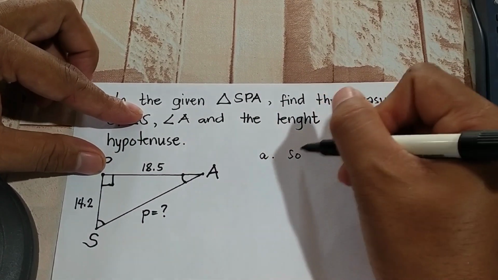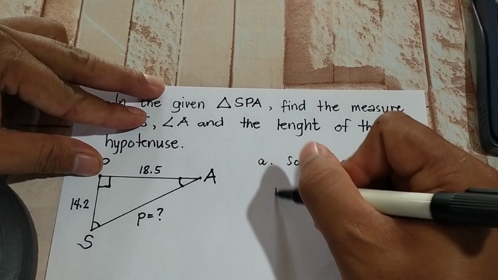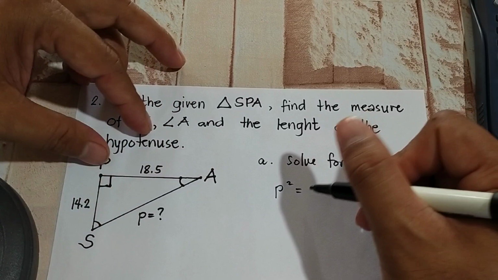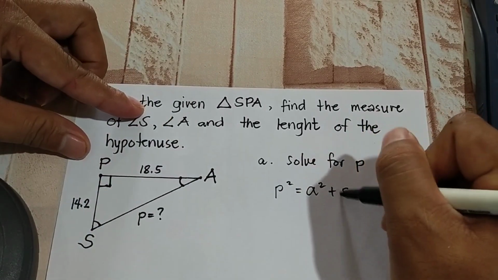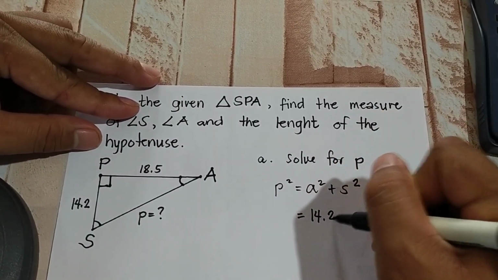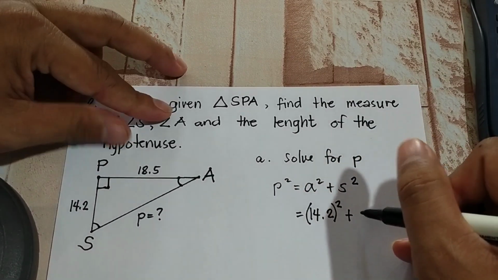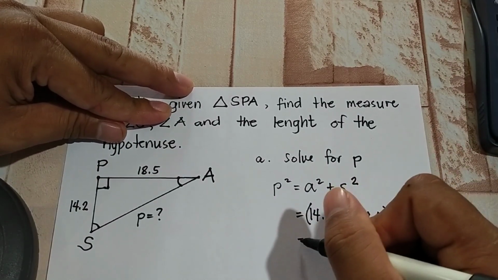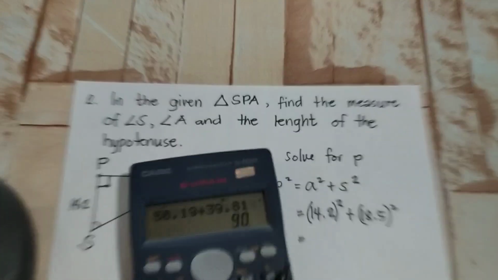So solve for P. P square is equal to A square, this is side A, plus S square, and this one is side S. Substitute: 14.2 square plus the side S, which is 18.5 square. So when you simplify, what is 14.2 square? Let me check.